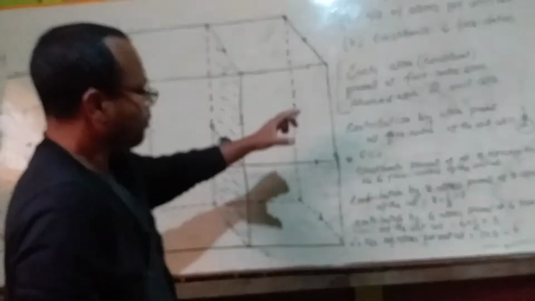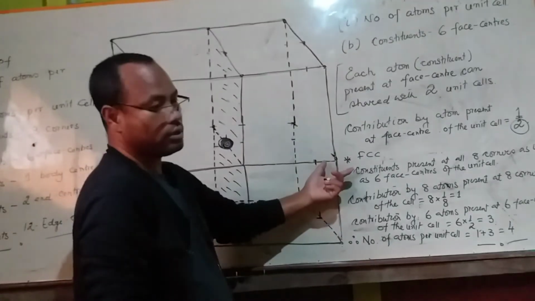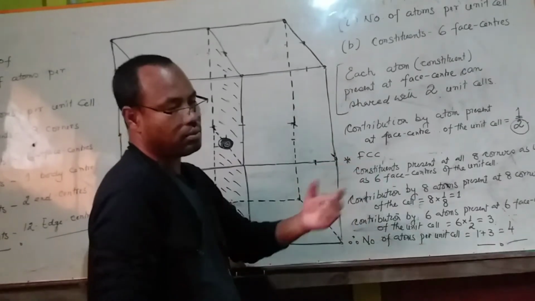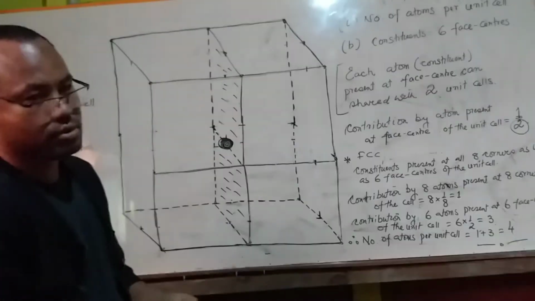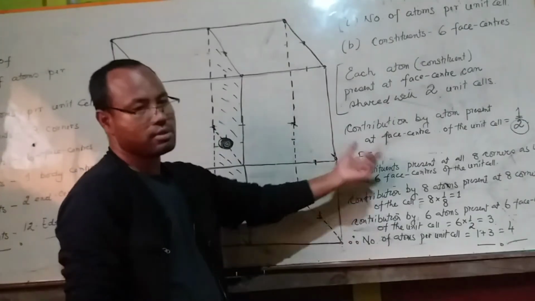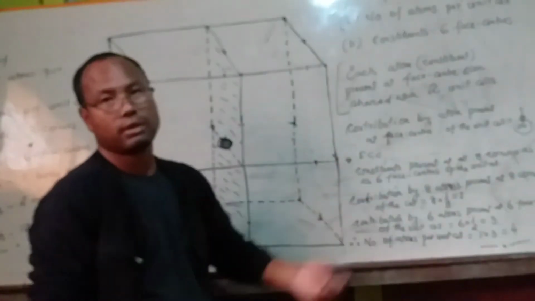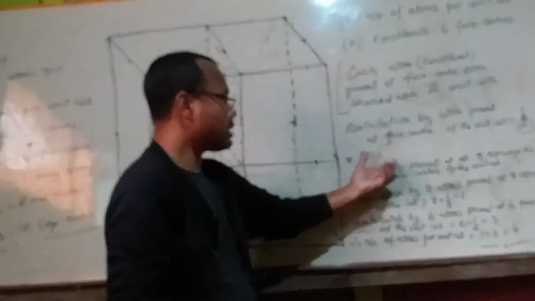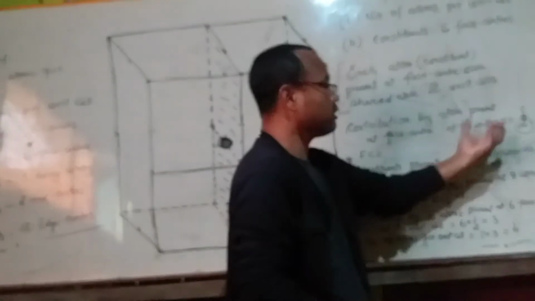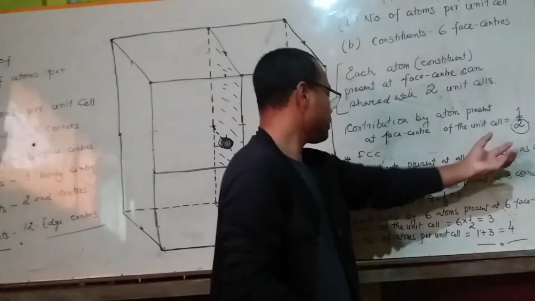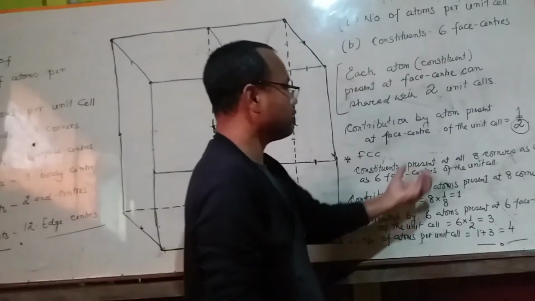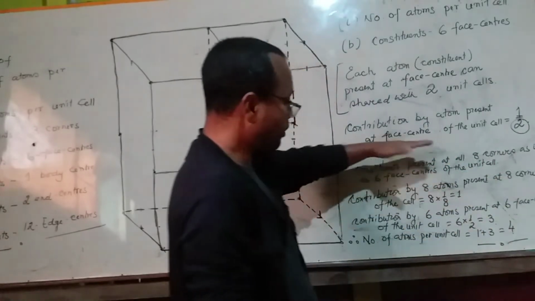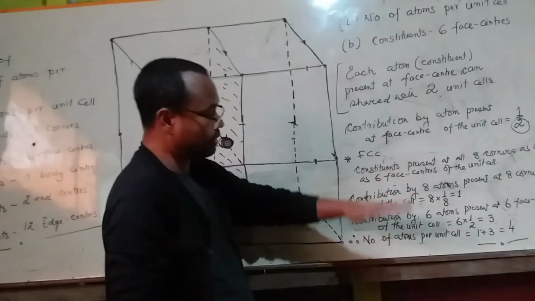Now we have another type of unit cell, that is the FCC. What was the full form of the FCC? Face centered unit cell or face centered cubic crystal. Here, as we know before, constituents are present at all 8 corners as well as the 6 face centers of the unit cell. Now here we have to calculate in 2 different ways.